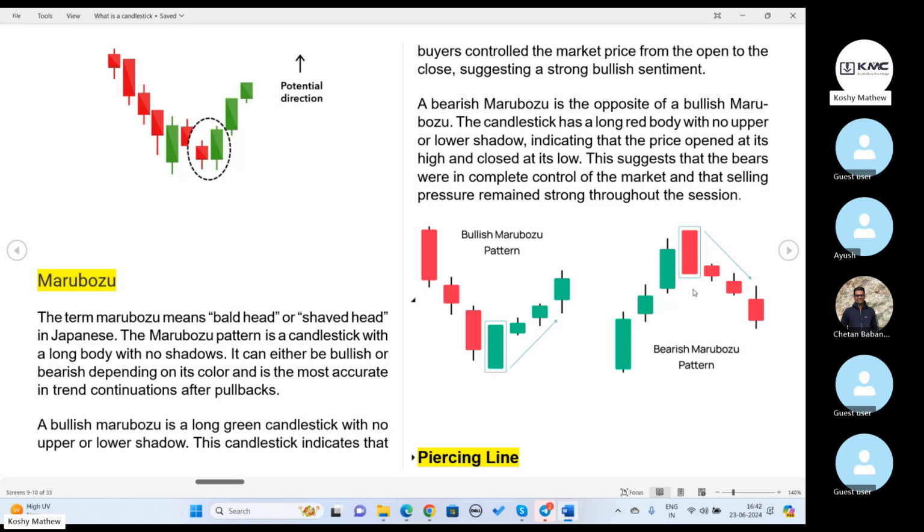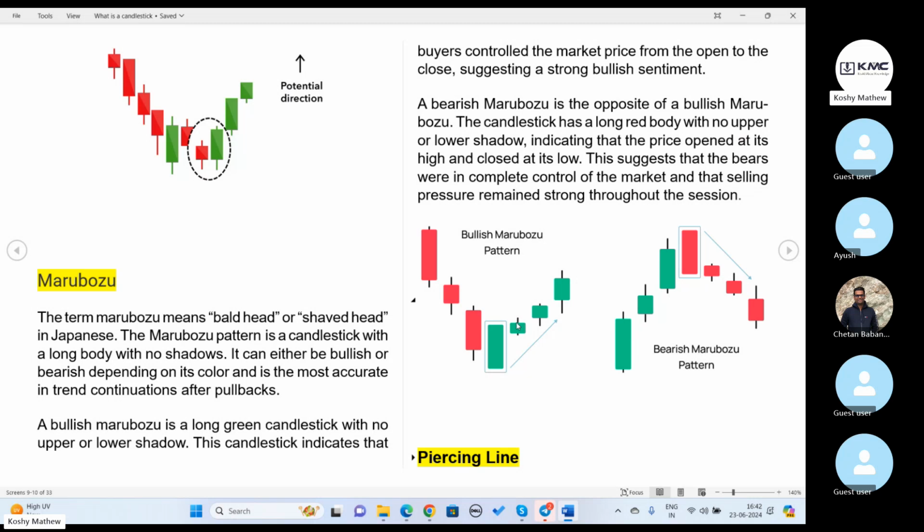Sometimes it's a little confusing, but here color is very important. Unlike the hammer, where it doesn't make any difference whether it's red or green, it just has to be at the bottom, with the market falling, falling, falling down. For a hammer or inverted hammer, red color is no problem.